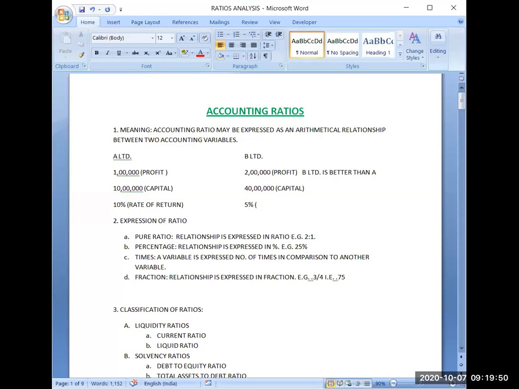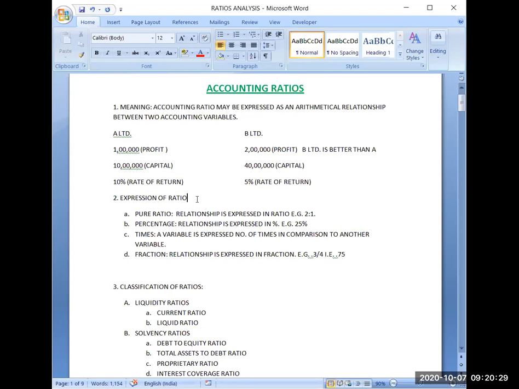When I compare rate of return, I will be able to take the better decision that A Limited is better than B Limited. But if I was looking only at the absolute amount, then I was getting a wrong perception, that B Limited is better than A Limited. So that is the advantage of ratio analysis. This 10% and 5% is also a ratio. However, it is expressed in percentage terms, but it is also a ratio.